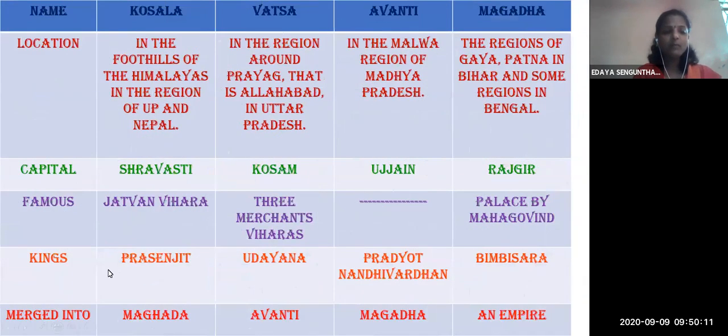Now, here are the important points I have read for you. Who can read this? Who can read this for me? Pooja. Where is? Okay, read this, beta. Name.